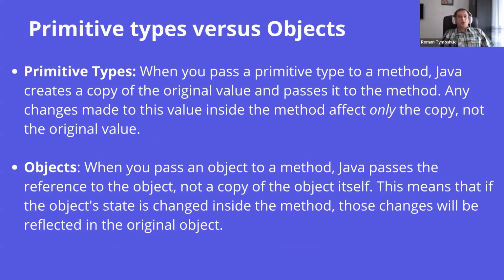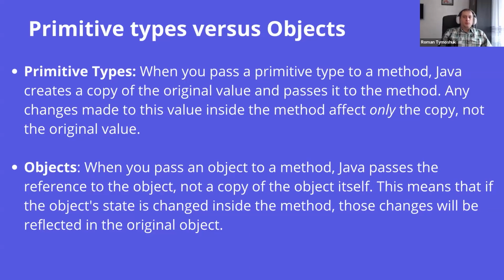Good. So it's a wrap up of the things we just discussed. When you pass a primitive type to the method, Java creates a copy of the original value and passes it to the method. So if we make any changes to the value inside of the method, they affect only the copy, not the original value. For objects, it's different. We are providing the reference, the link, the pointer to this object.